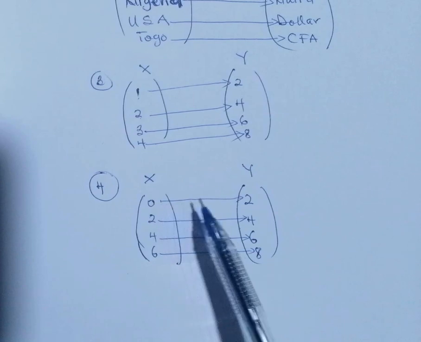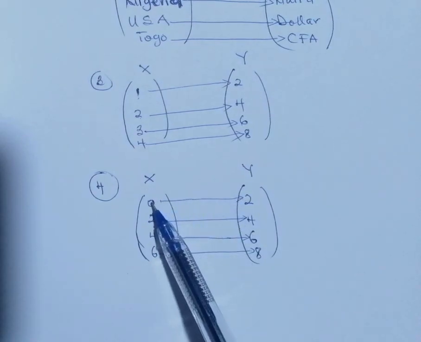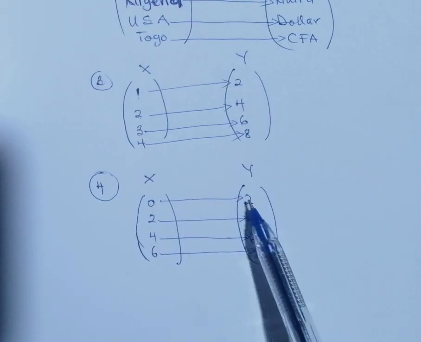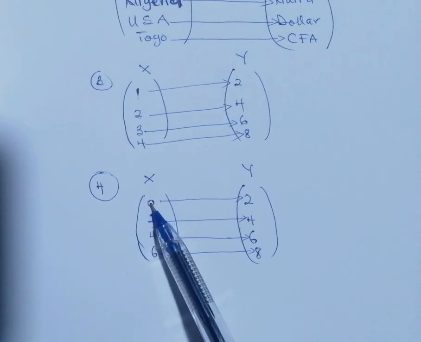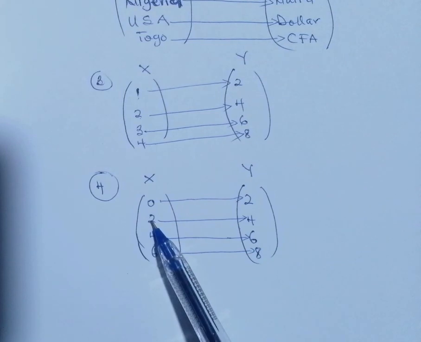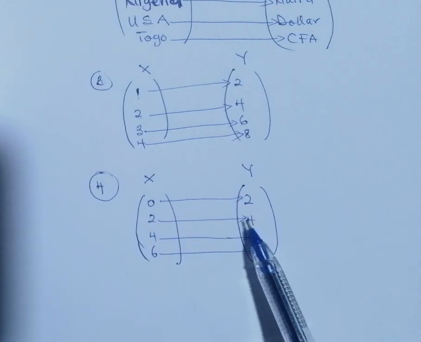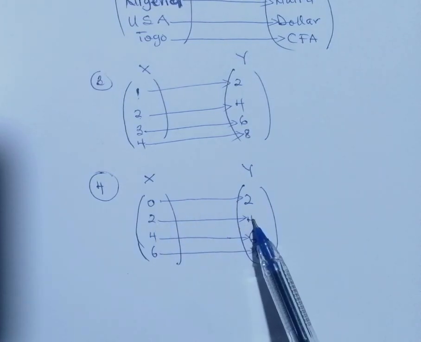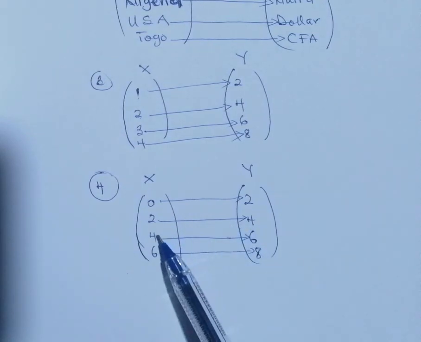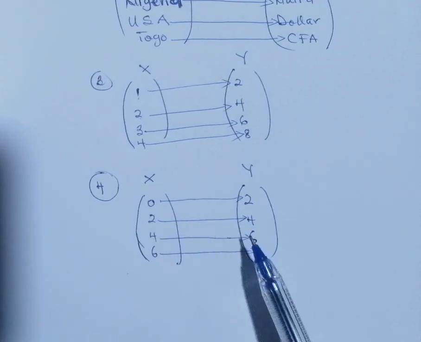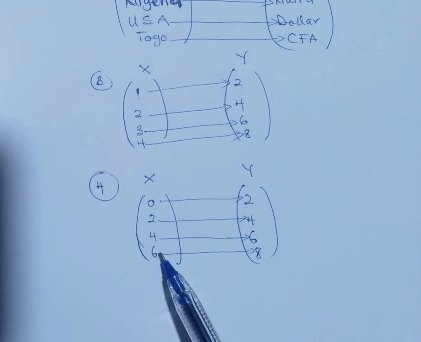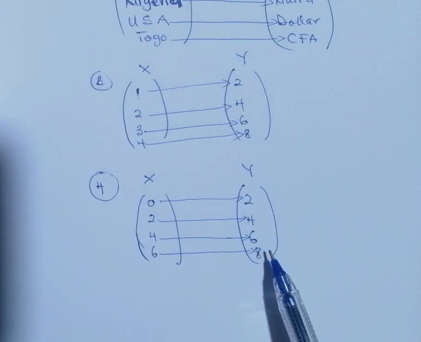It means that I've added 2 to 0 to get 2. Then let's move on to the next one. If I add 2 to 2, I will get 4. So this one also works. If I add 2 to 4, I will get 6. It also works. And the last part, if I add 2 to 6, I'm going to get what?